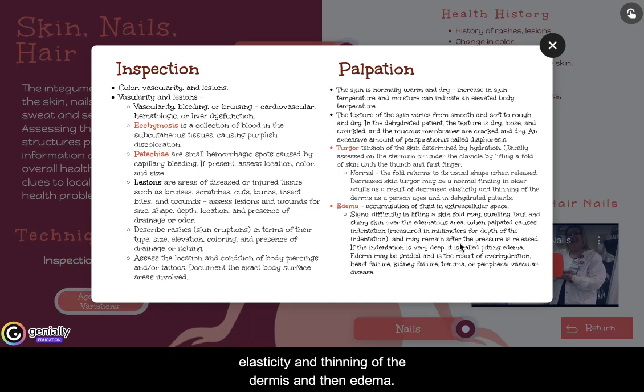And then edema, look for accumulation of fluid. Palpate for edema in their lower extremities or in other parts of their body. This could be difficulty lifting the skin fold because it's swelling and it's tight. And the skin is shiny over the edematous area, like the area that's swollen, it's shiny. When palpated, it causes indentation.